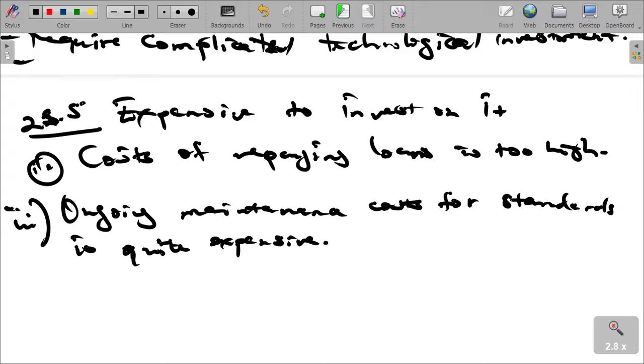It's quite expensive in order for us to make sure that the non-conventional energy is working.